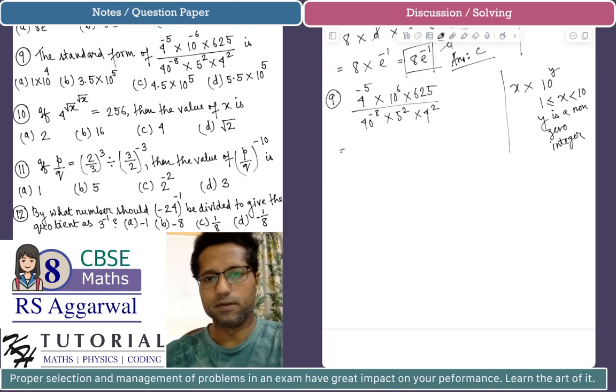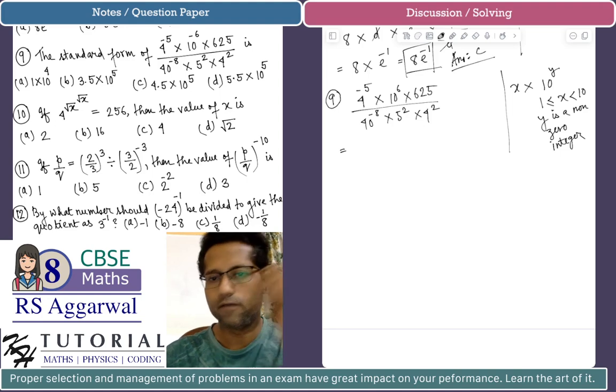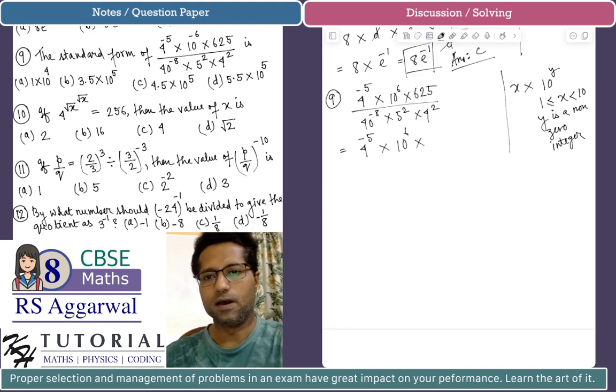So in the numerator, I have 4 to the power minus 5, that is fine. I will leave 10 to the power 6 as it is. 625, I will convert it as a power of 5, because I see in the numerator I have 5 square. So 625 is 25 square, is 25 square.